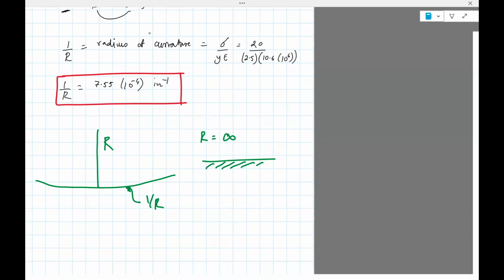If 1 divided by r is very small, 1 e negative 4, then r is actually a rather big number, which means that when this beam bends, it doesn't really bend. It's almost flat, so to say. And that's what we expect, right? If it shows a small enough r, that means it bends a lot, which means it's not safe.